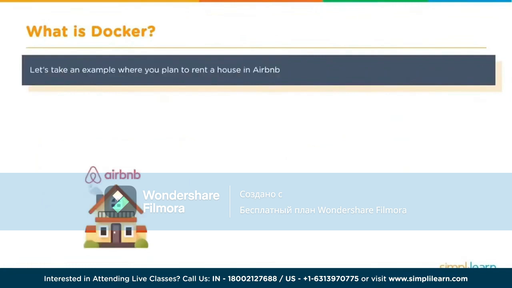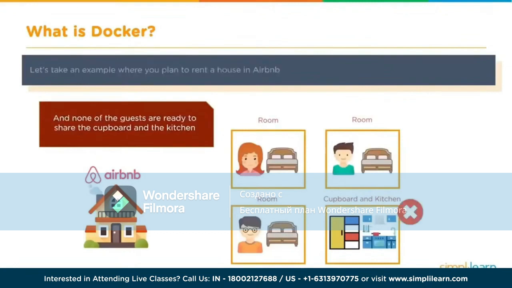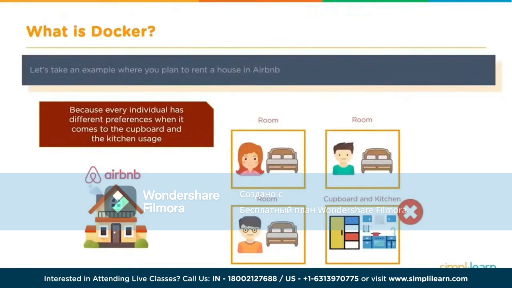So let's take an example of what Docker is by using a house that may be rented out on Airbnb. In the house, there are 3 rooms and only 1 cupboard and kitchen. The problem is that none of the guests are really ready to share the cupboard and kitchen, because every individual has a different preference when it comes to how the cupboard should be stocked and how the kitchen should be used.